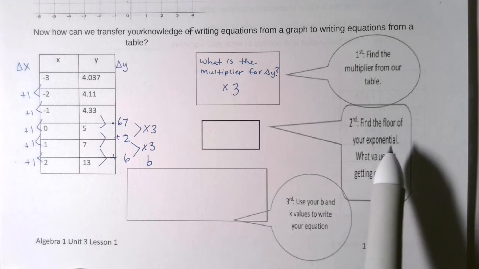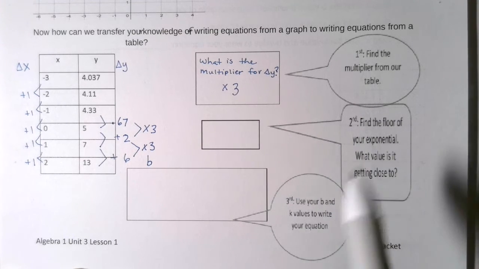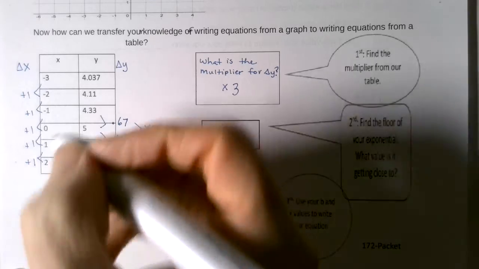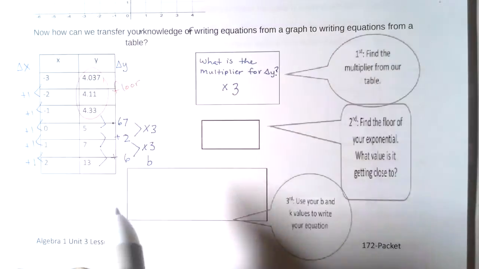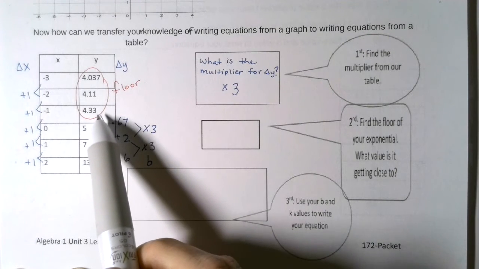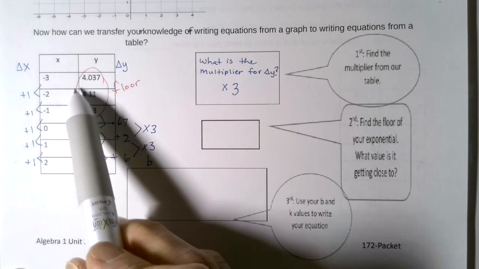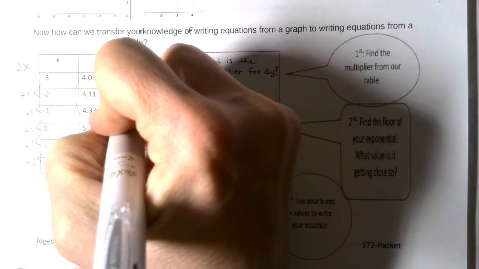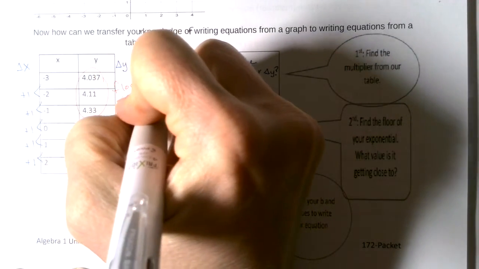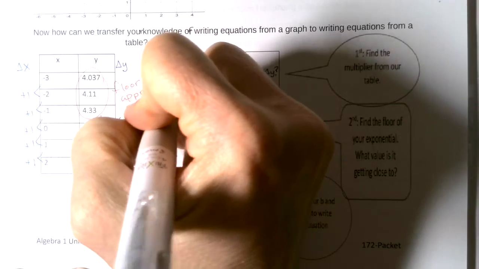The next step is to find the floor of our exponential function. And that is evident with these values right here. You can see that these values all have 4 point something, and they're all getting smaller and smaller. So our floor is approaching 4.